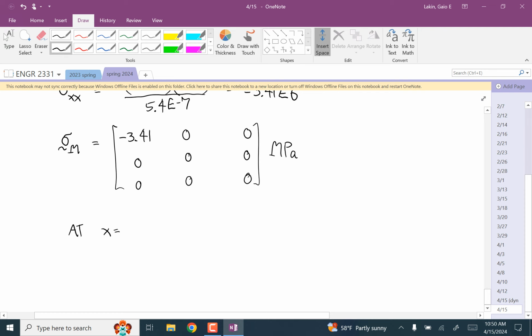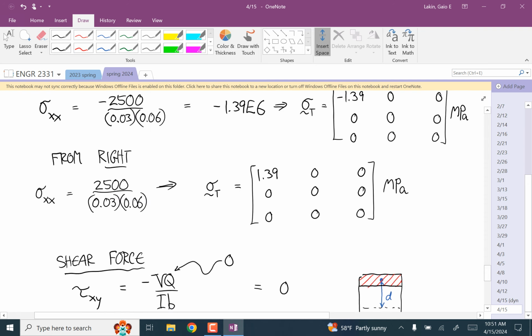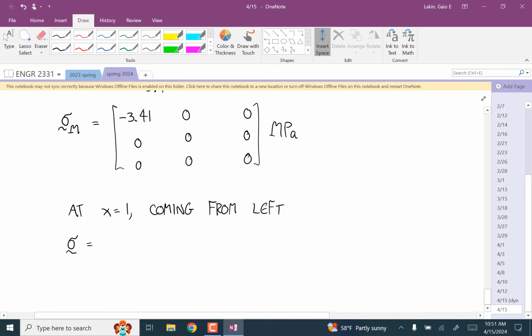At x equals 1 coming from the left side, the total stress tensor is negative 3.41 minus 1.39.